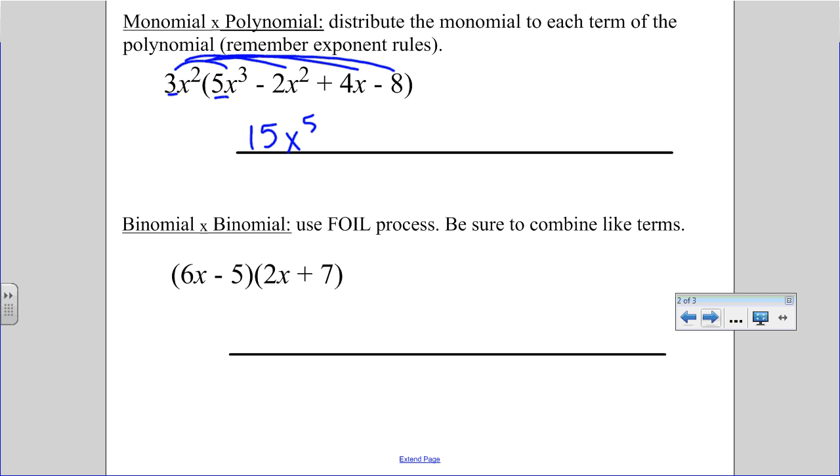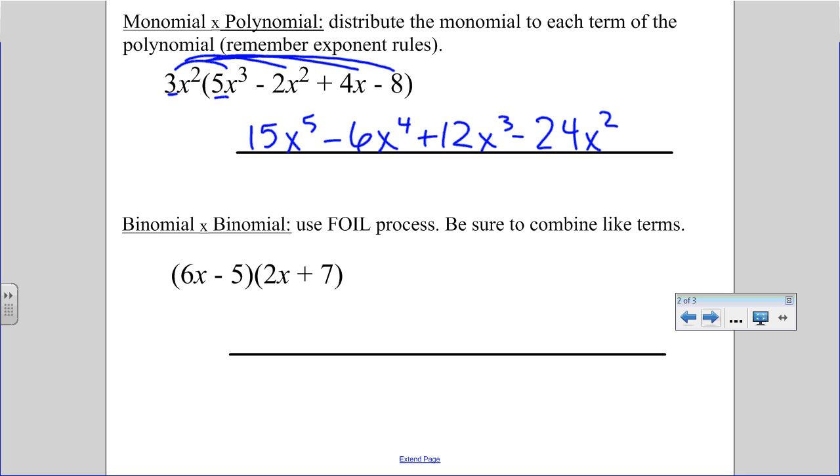We distribute negative 6, and then 2x's and 2x's is 4x's. We then have plus 12x to the 3rd and minus 24x squared.